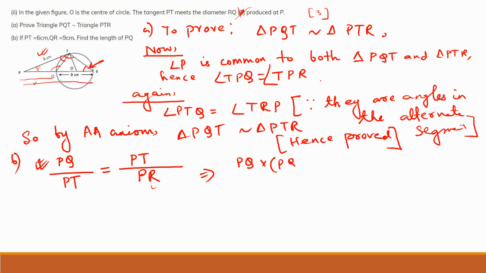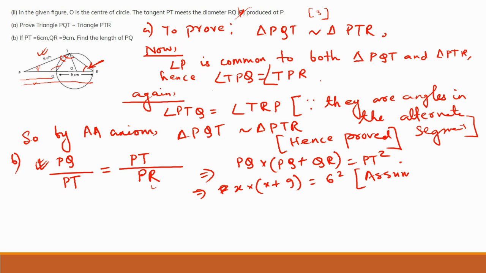PR you can write as PQ plus QR, and this should be PT square, right? Just cross multiplying all of it. PQ, let us consider PQ as X. We will write in the assumption. X times X plus QR is 9 and PT is 6 square. Assuming PQ equals X centimeter. Okay.